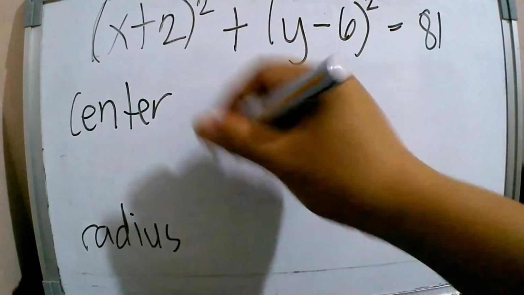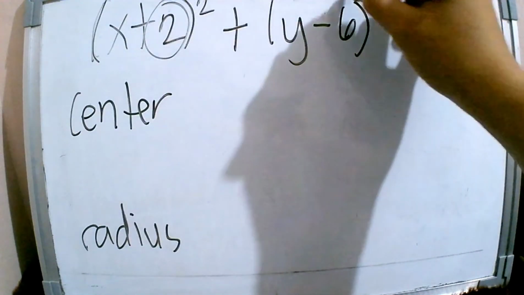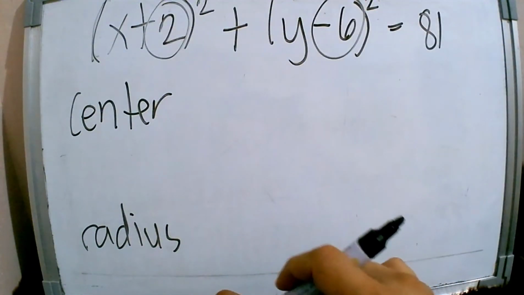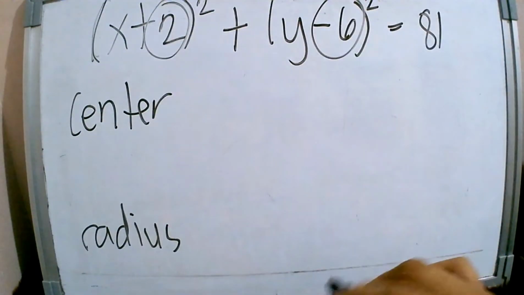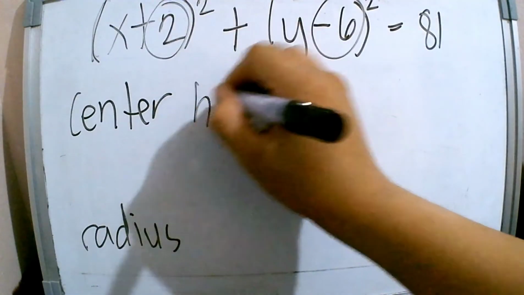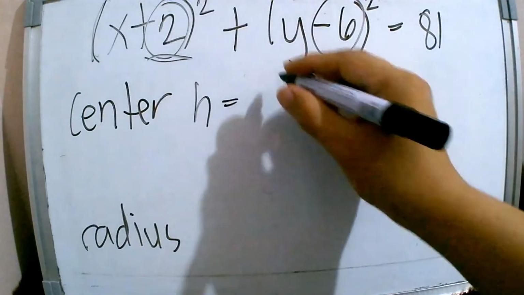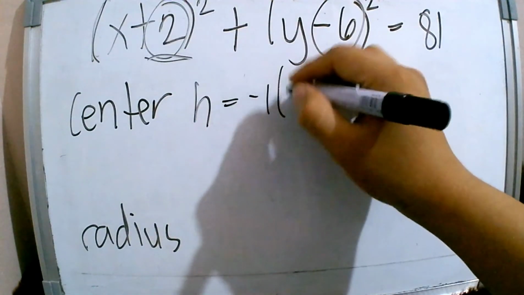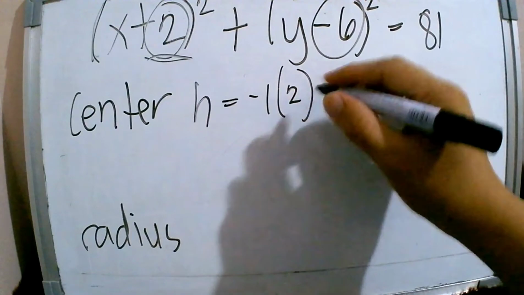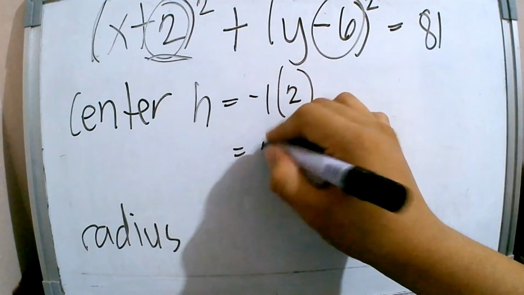All you have to do is to get our h and our k, and that is the coordinates of our center. But in getting h, you have to multiply the value by -1. So -1 multiplied by 2, so we have -2.